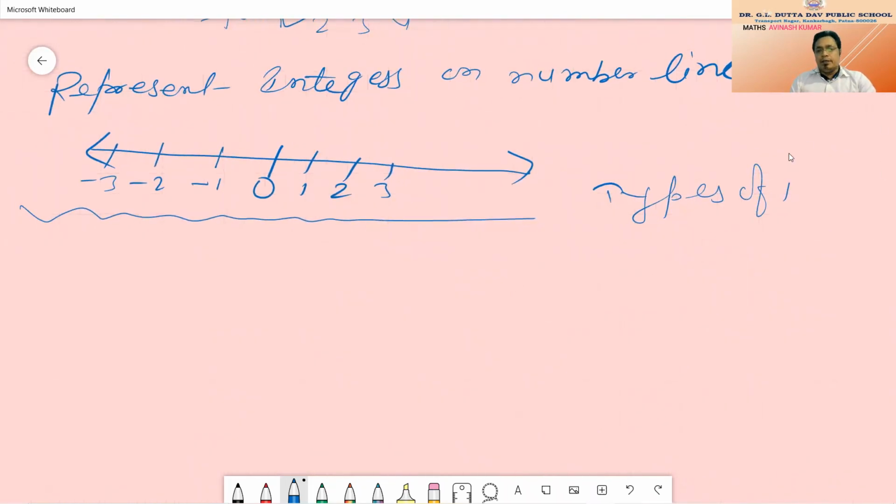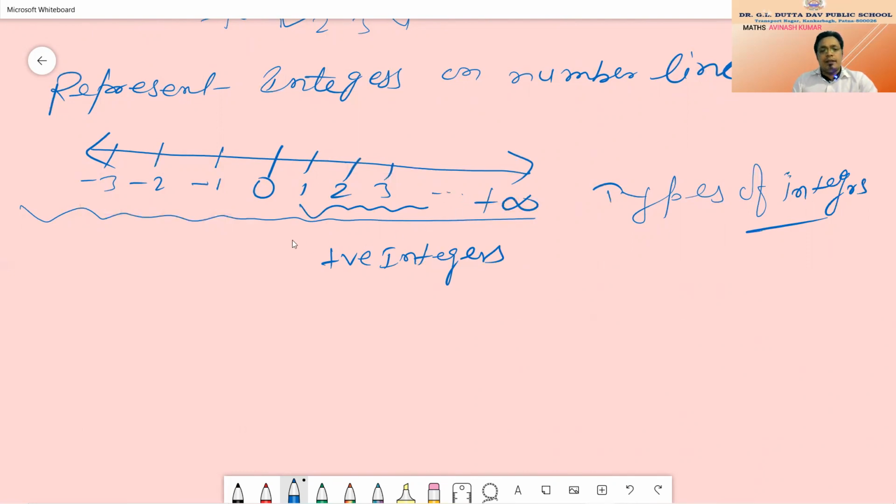Students, there are three types of integers. The right side of the 0, these are called positive integers. These are 1, 2, 3, 4, going up to plus infinity.